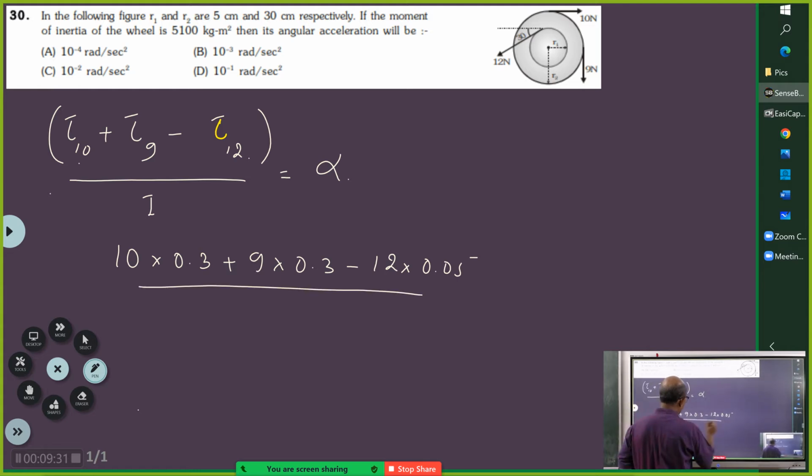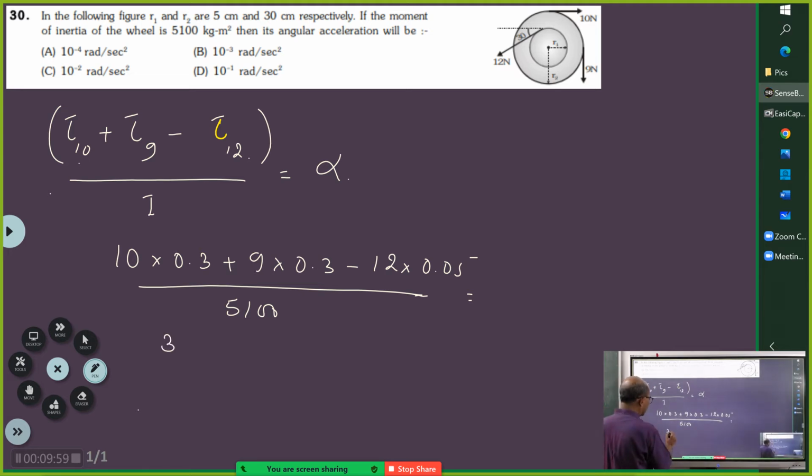Divided by the moment of inertia, 100. If you see the options, this should come to something like 51. So 10 into 0.3 is 3, plus 2.7 is 5.7, and 12 into 0.05 is 0.6.